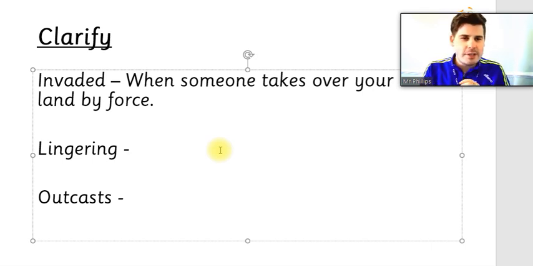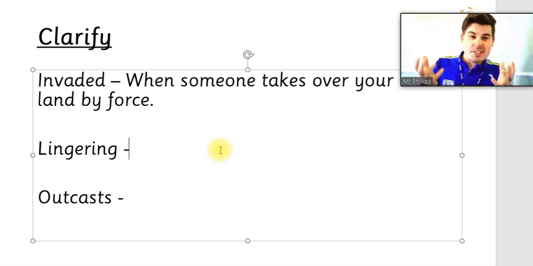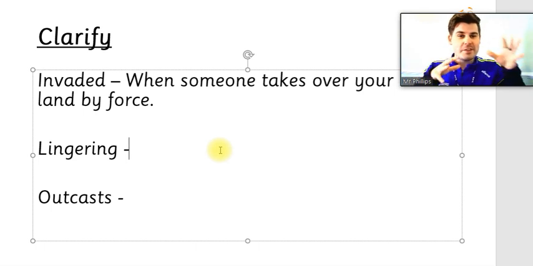Lingering. Now it says it was a lingering secret. Lingering is the progressive form of to linger. If you are lingering, or if you linger around, it means you're hanging around and you're staying there. For example, if there's a lingering smell, it means there's a smell that's just hanging around and it won't go away.